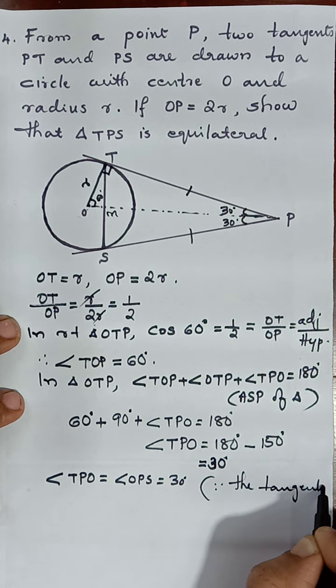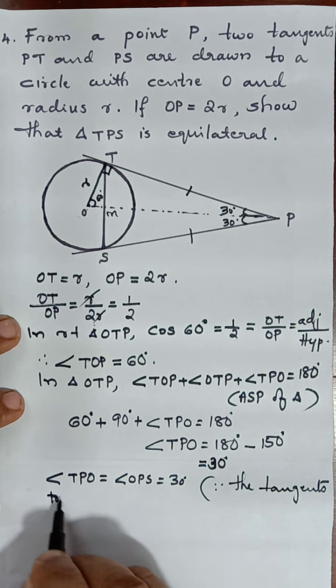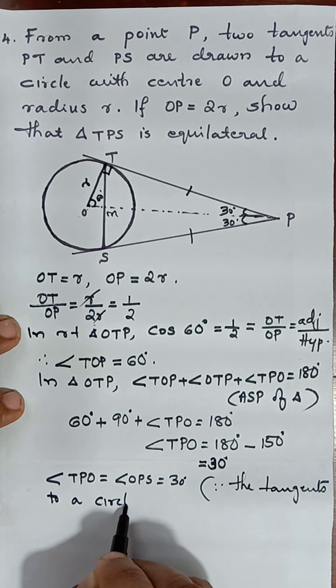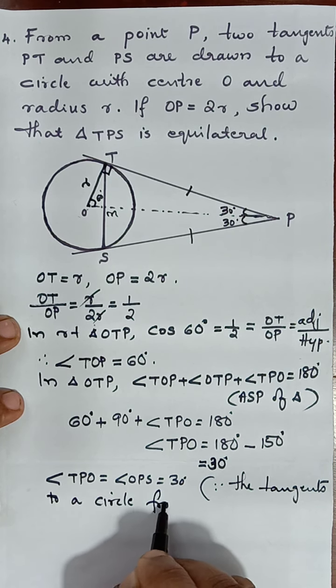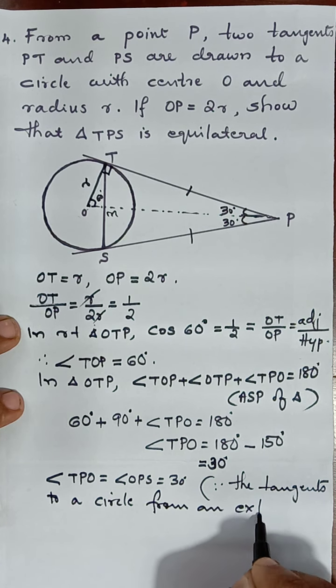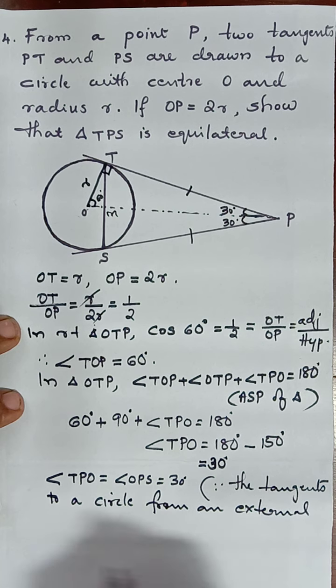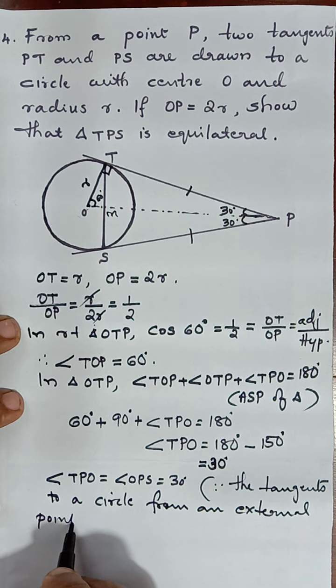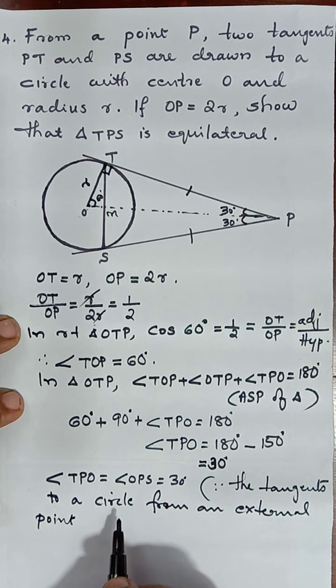The tangents to a circle from an external point are equally inclined.